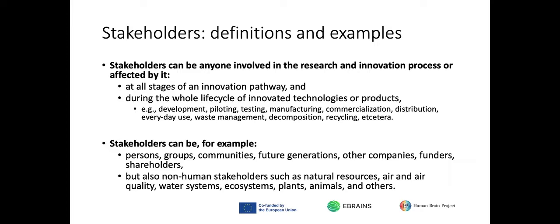Stakeholders can be, for example, persons, groups, communities, but they can also be future generations. They can be organizations such as companies, NGOs, funders, but also shareholders. But stakeholders can also be non-human stakeholders. They can be plants or animals. They can be natural resources, air quality, water systems, or ecosystems. So stakeholders can be human and non-human.